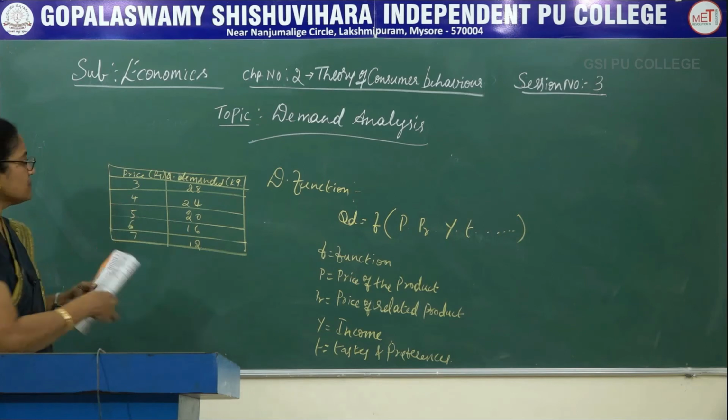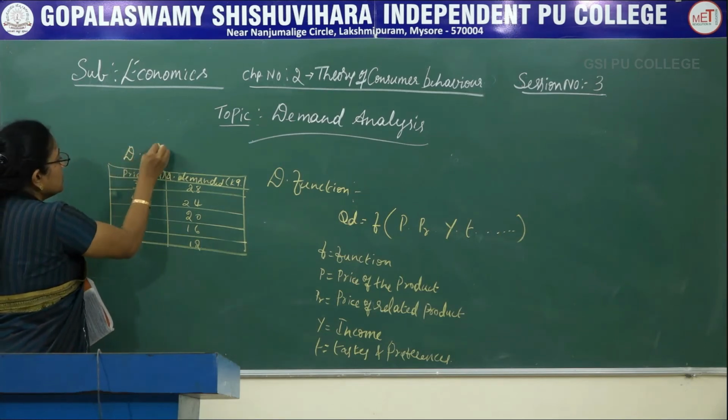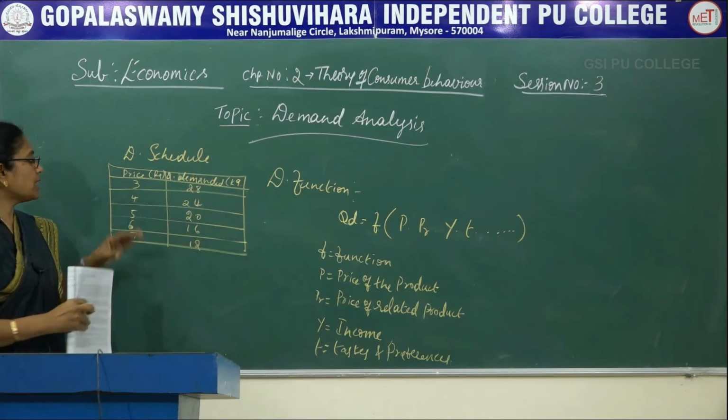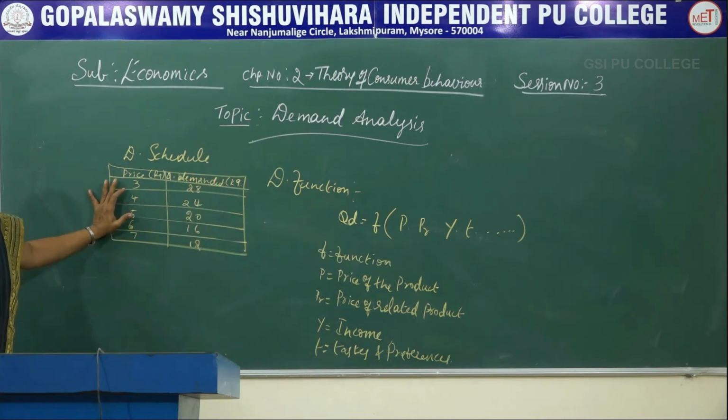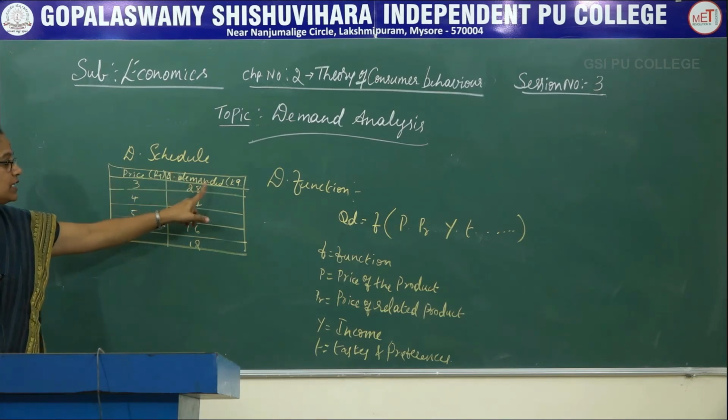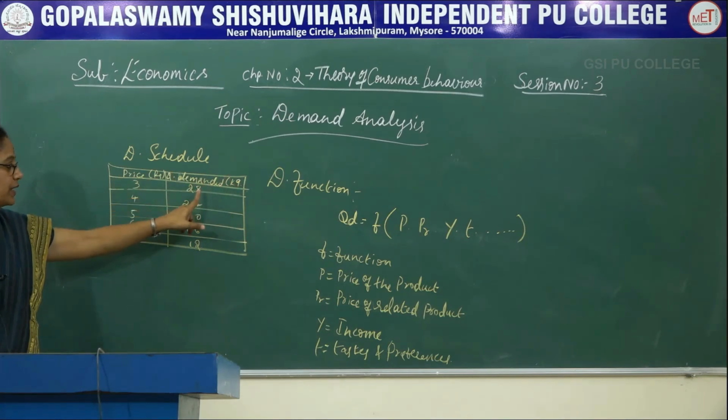See, this we call a demand schedule. If the price of the product is 3 rupees, for example, if you take the example of any vegetable, if it is tomato at 3 rupees, the quantity demanded is 28 kgs.